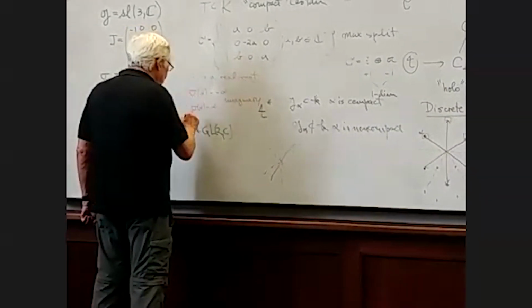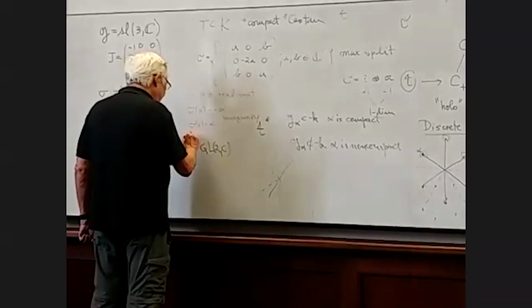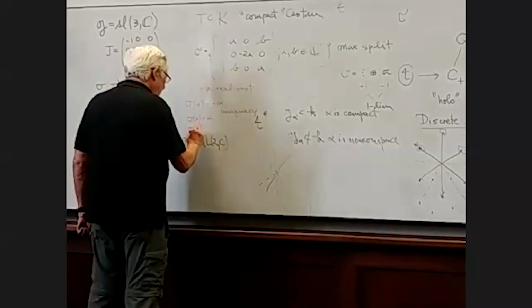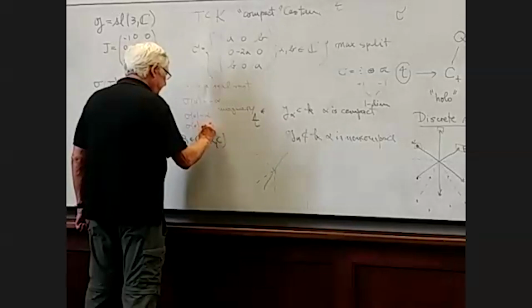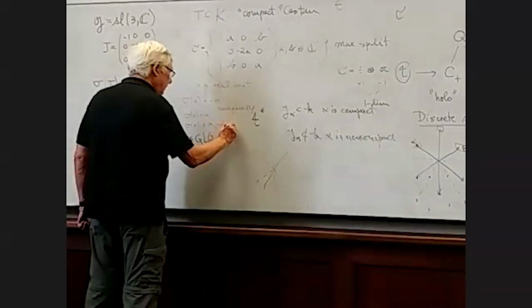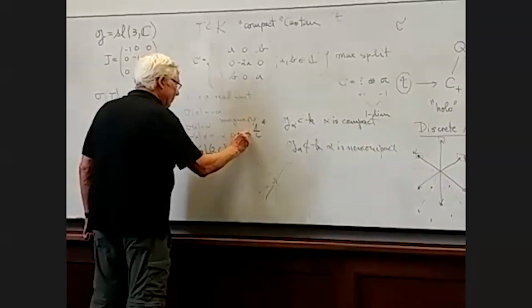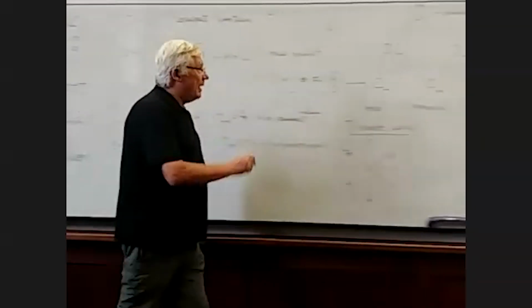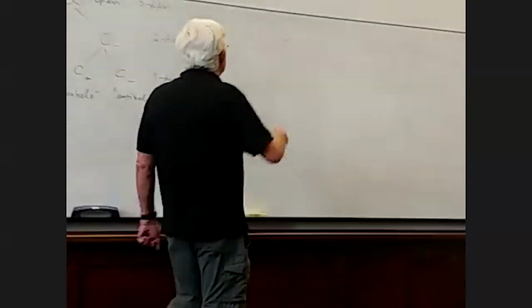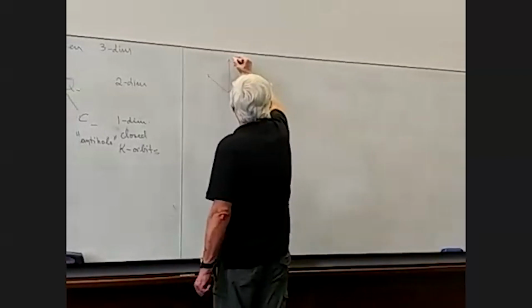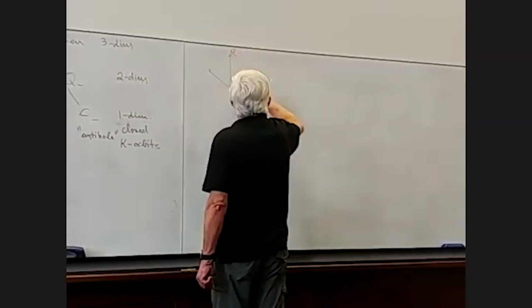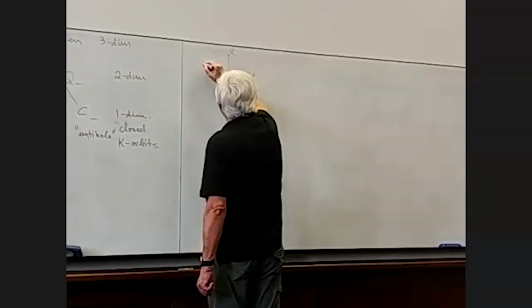And it's complex if this is different from alpha and minus alpha. If you calculate this for the open orbit, then the middle root is real and this guy is complex.